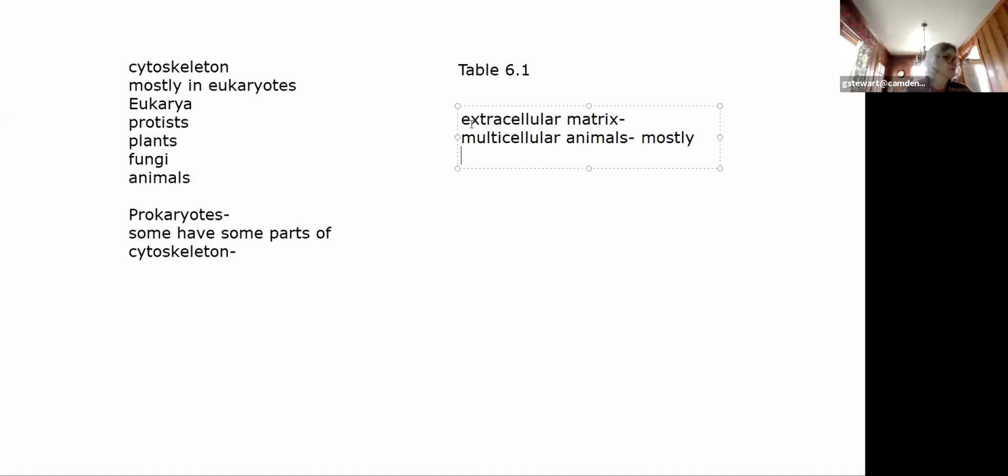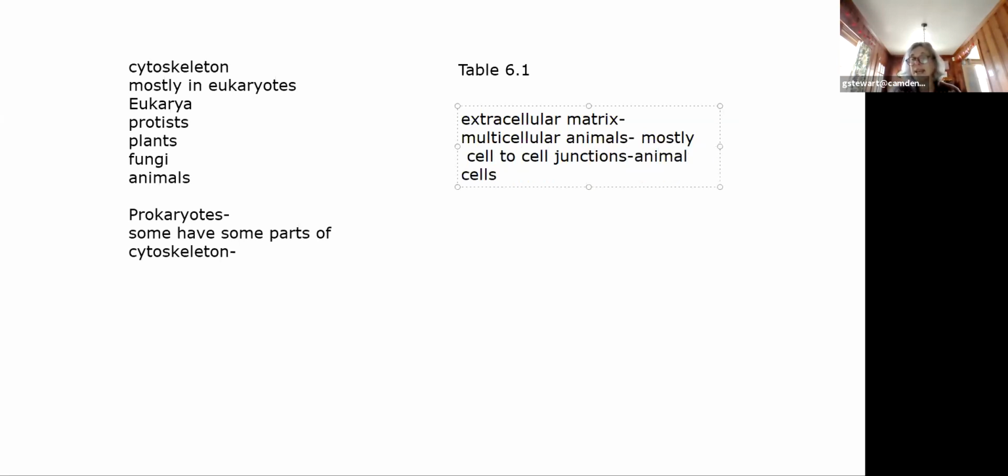So that extracellular matrix and the extracellular fluids, that comes up with the animal cells, talking about the end of chapter 6, right? And those cell-to-cell junctions, those also mostly animal cells. I'm going to say animal cells predominantly.